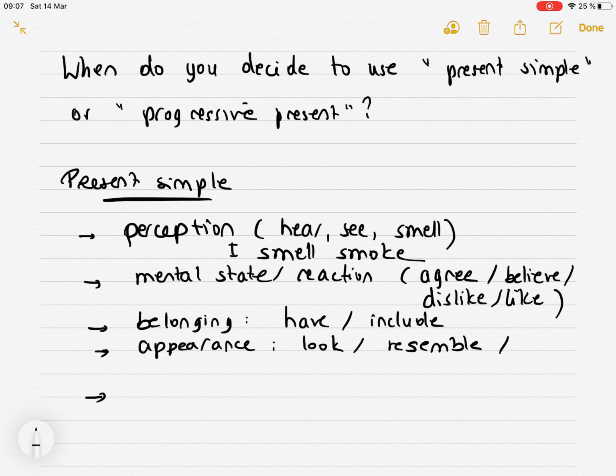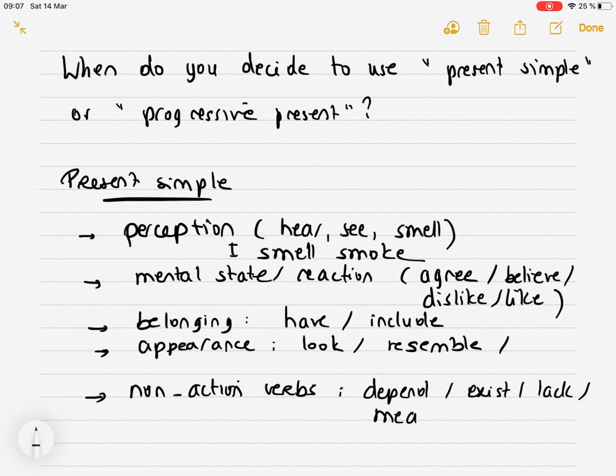The last function of the present simple is what we describe as non-action verbs. Difficult to define what a non-action verb is, but I'm thinking about verbs such as depend, or exist, or lack, or mean.